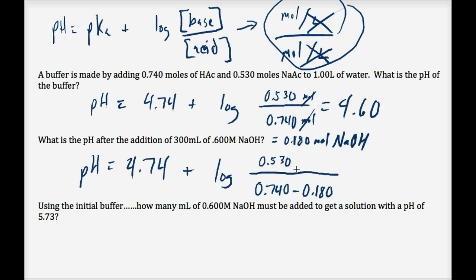Remember, this is a buffer. The NaOH neutralizes with the H's and is replaced to create more acetate. I'm adding OH, but I'm actually just adding acetate ion. Which acetate ion am I adding? I'm adding this acetate ion, this much. So I add it to the top.